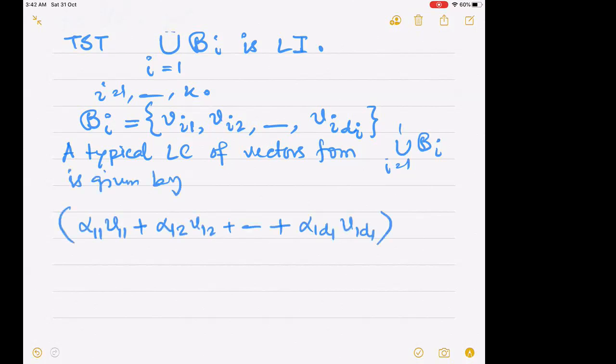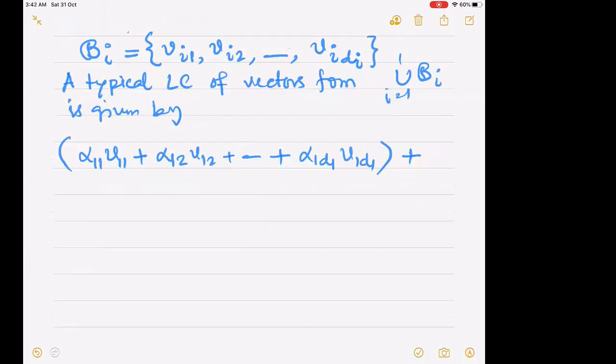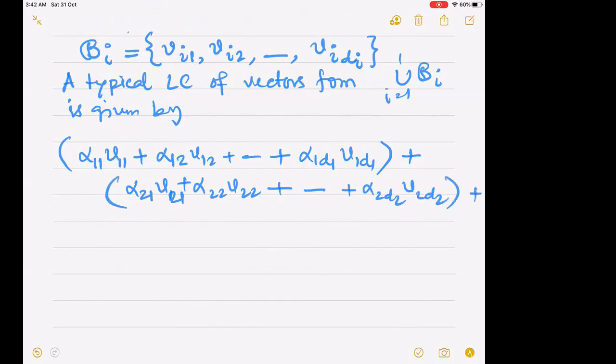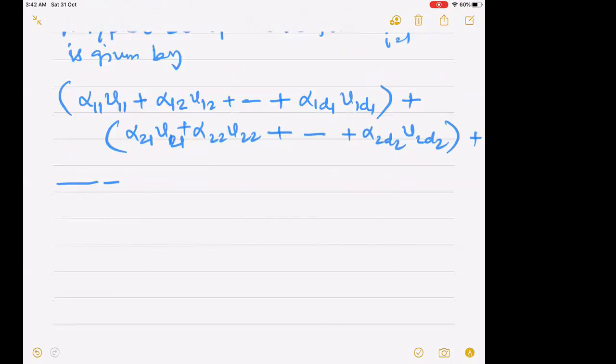Yeah, this is a linear combination of vectors from B1, plus alpha 21 V21 plus alpha 22 V22 plus dot dot dot plus alpha 2d2 V2d2, right, plus dot dot dot plus alpha k1 Vk1 plus alpha k2 Vk2 plus dot dot dot plus alpha kdk Vkdk, and suppose this is equal to 0.